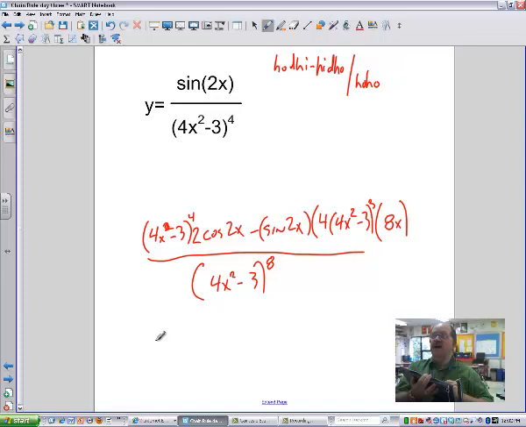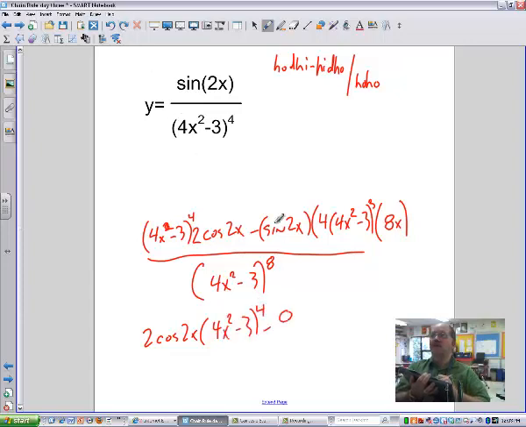And so, let's see, I would probably go 2 cosine 2x times 4x squared minus 3 to the 4th minus 8x. Nope, how about, oh, too bad, forward.